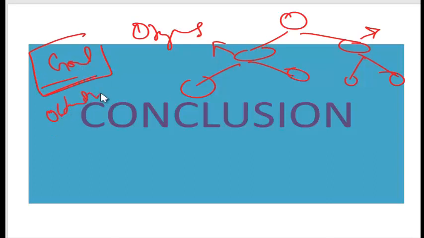So department structure is very important, and better department structure and better skilled people at a particular level make it a good structure, and it works best for a company.